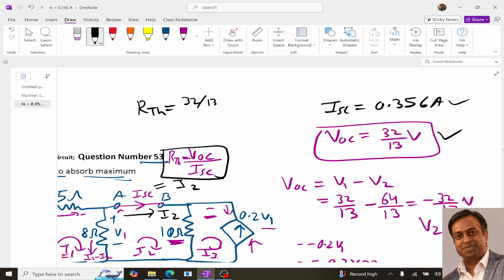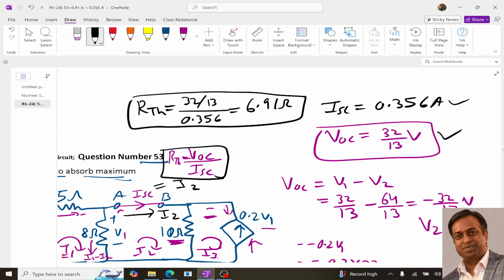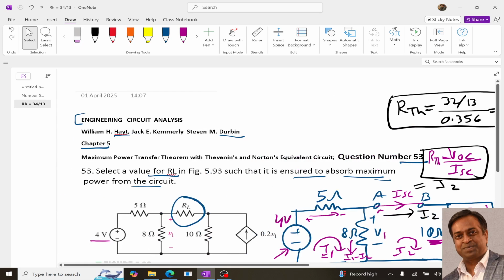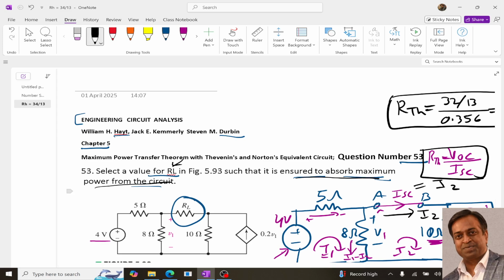32 by 13 upon 0.356. If you solve this, you will get 6.91 ohms. So this is our RTH. And now over here we do not need to determine the Thevenin voltage or the Norton current, because the question is simply asking what should be the value of RL such that it is ensured to absorb the maximum power from the circuit.